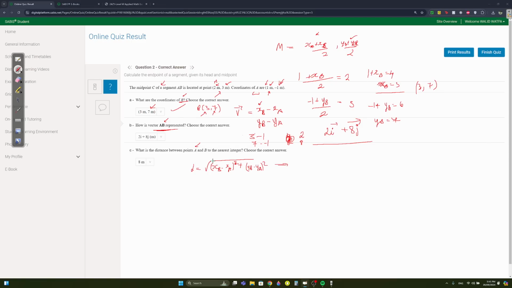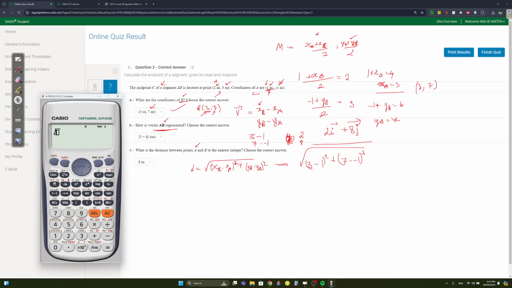So it's going to be x of B minus x of A, so x of B is 3, 3 minus 1, the order doesn't matter by the way, squared plus y of B minus y of A, 7 minus 1, and you get 16... as you know, 4 plus 64, 68, let's just do some calculator, you're going to get radical 68, 8.2.